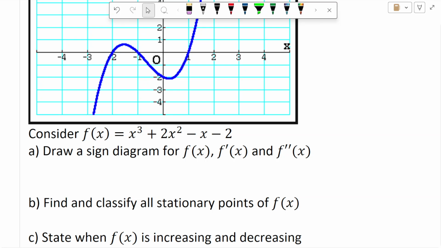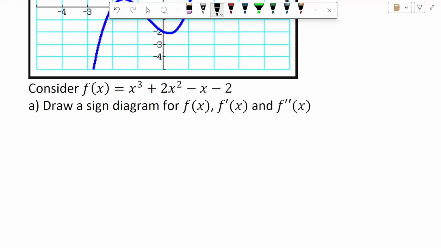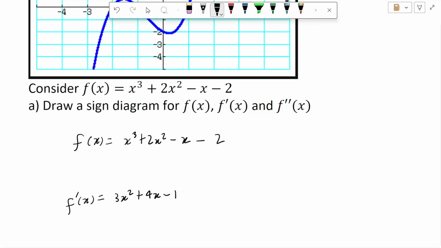So there's our function. We need to draw a sign diagram for all three bits. So I'm going to start just by rewriting out our function. So that is x cubed plus 2x squared, take x, take 2. We will get our derivative, which is going to be 3x squared plus 4x, take 1.